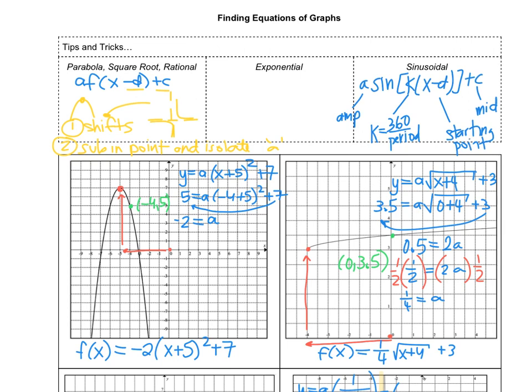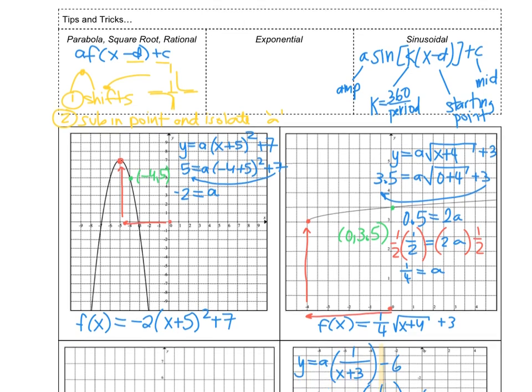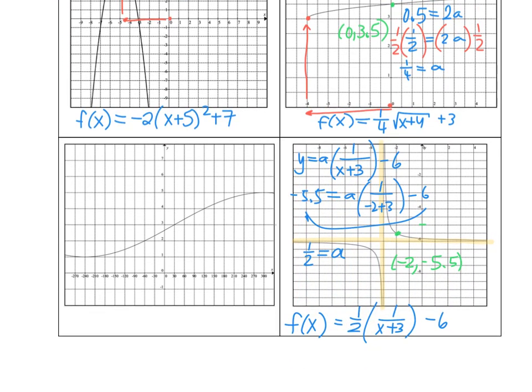Okay, so there's actually an infinite number of possible sinusoidal functions for any given graph. Okay, and then for the a value, make sure you also look for reflections, and that really depends on your starting point as well. So let's go down to this sinusoidal function. I like to highlight my maximum and my minimum, and then if I see that they're at 1 and 5, halfway of that would be 3.